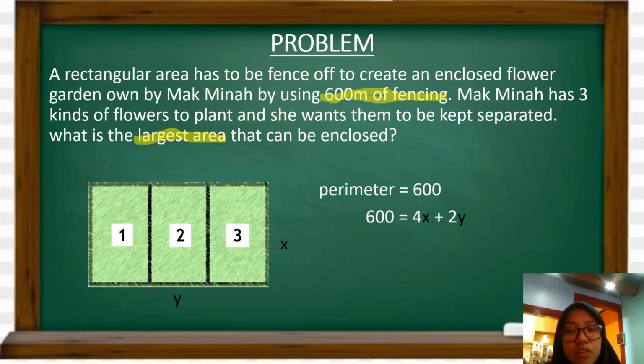600 is the total length of the fence. So where can we get the 4x? As I said just now, x represents the width.